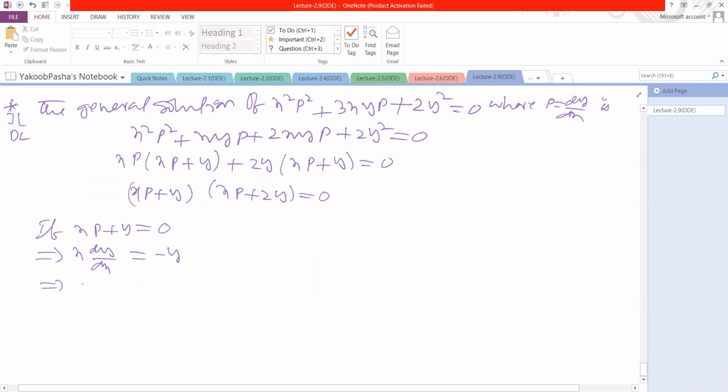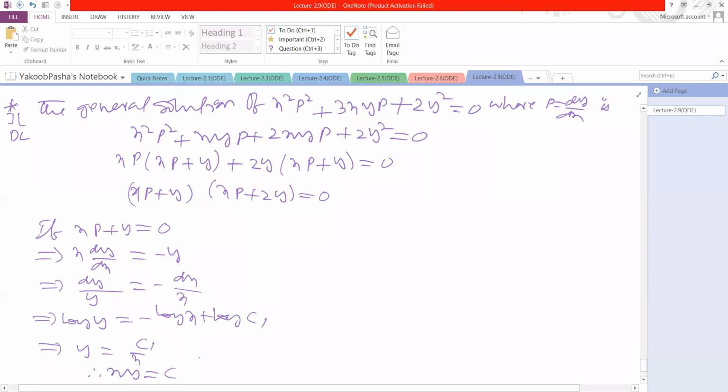That is dy by y is equal to minus dx by x. That is log y is equal to minus log x plus arbitrary constant c. That is y is equal to c by x, that is xy is equal to c. Okay, this is the first curve.